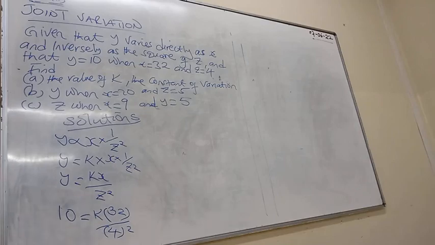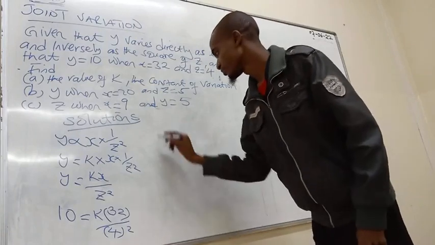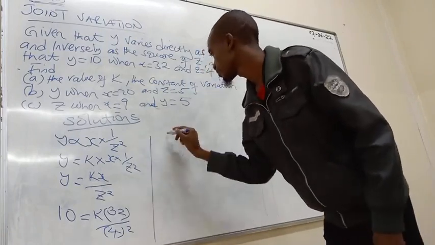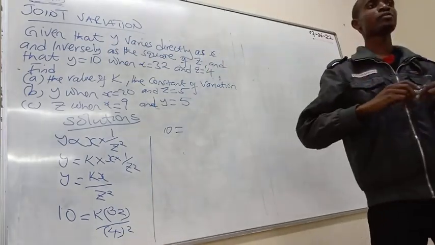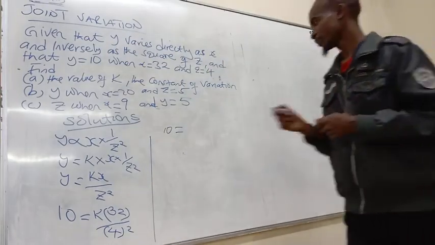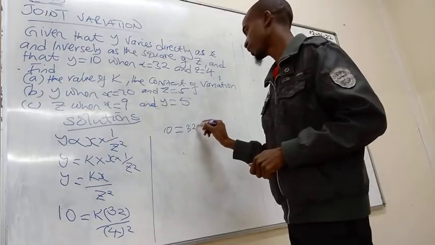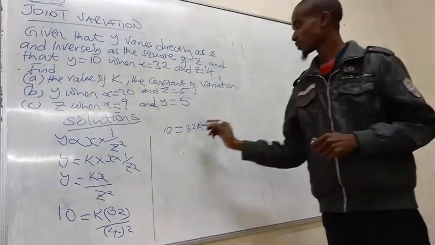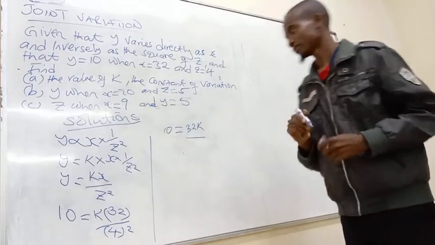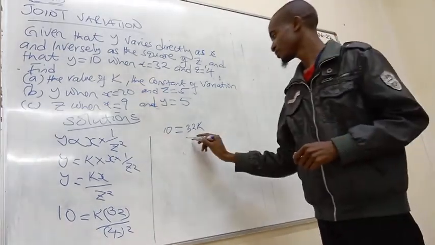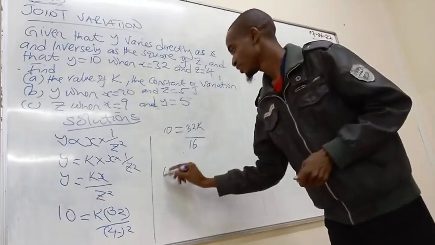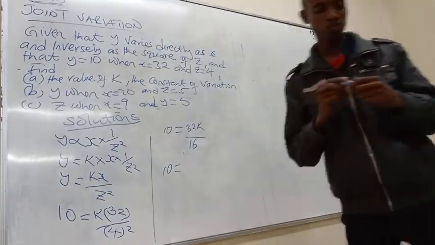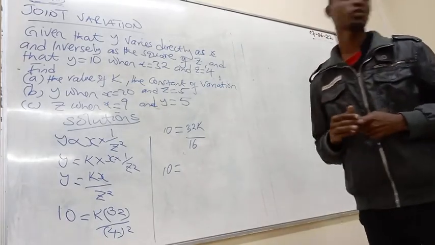Now we can simplify. 10 is equal to k times 32, which is 32k, over 4 squared, which is 16. Sometimes we don't have to rush into cross multiplication.